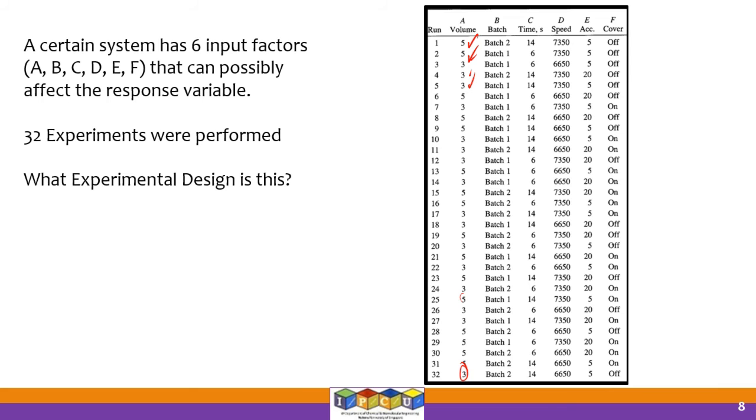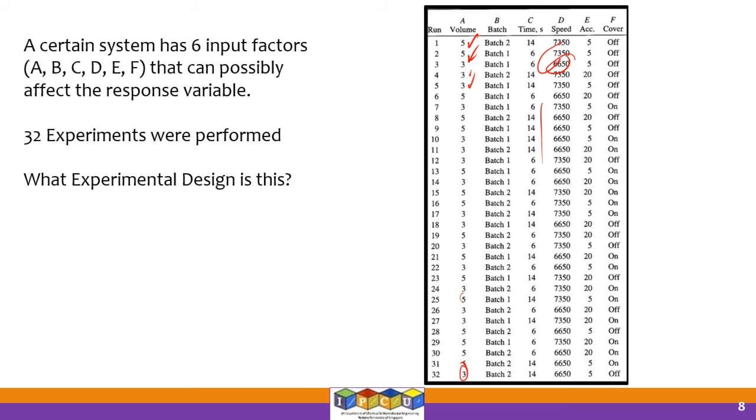D, which is the speed of something, can take values of 6650 or 7350, right? Write down the table, only these 2 values are there. So 6650 corresponds to low and 7350 corresponds to high. Factor E can either take values of 5 or 20, so it's also tested at 2 levels. And factor F is off or on, so it can only take 2 values again.